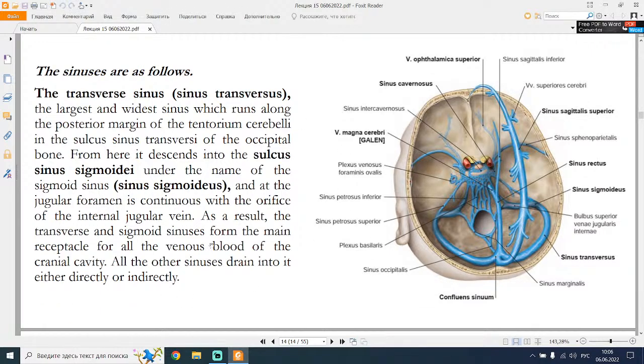The sinuses are as follows. This is the scheme of sinuses. The first is the sinus transversus.